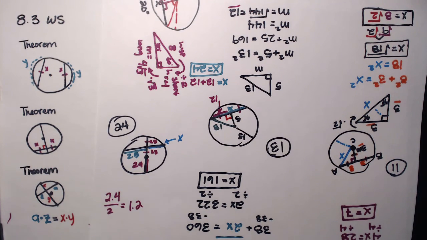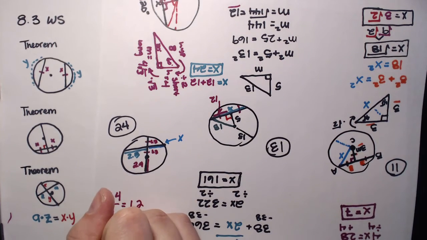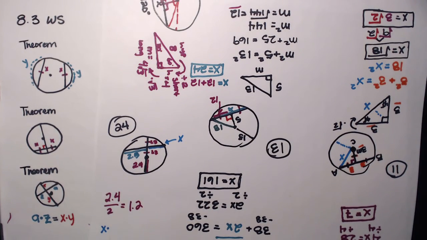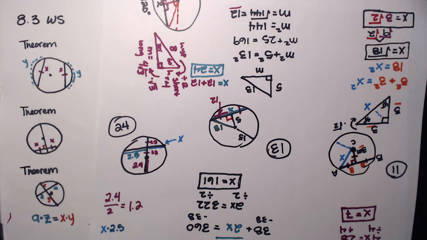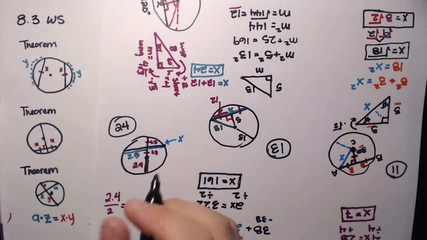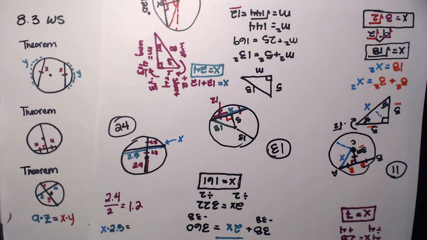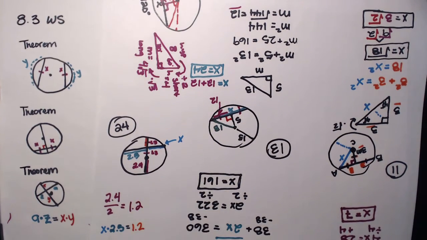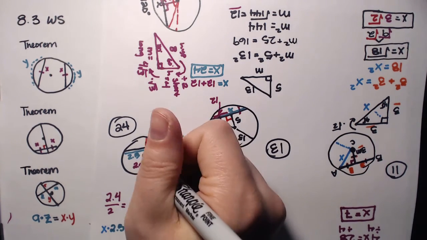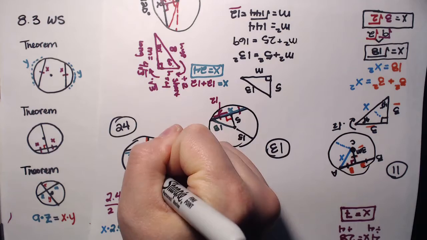So I'm going to take this x and multiply that with 2.5. And that is going to be the same as if I take, let's use orange, this piece of 1.2 and multiply that with the entire length right here.